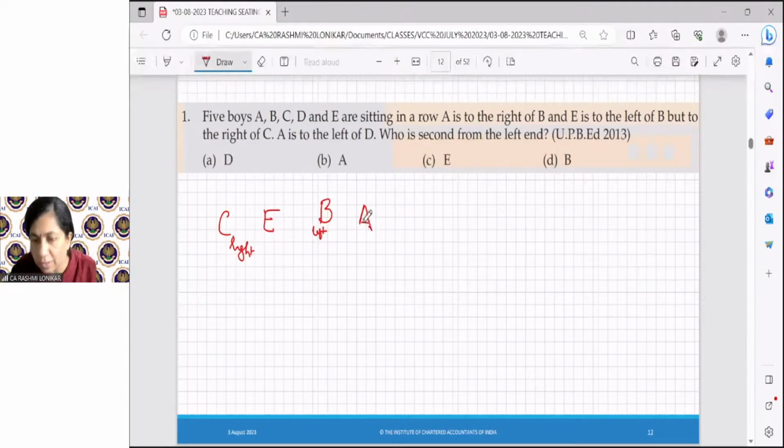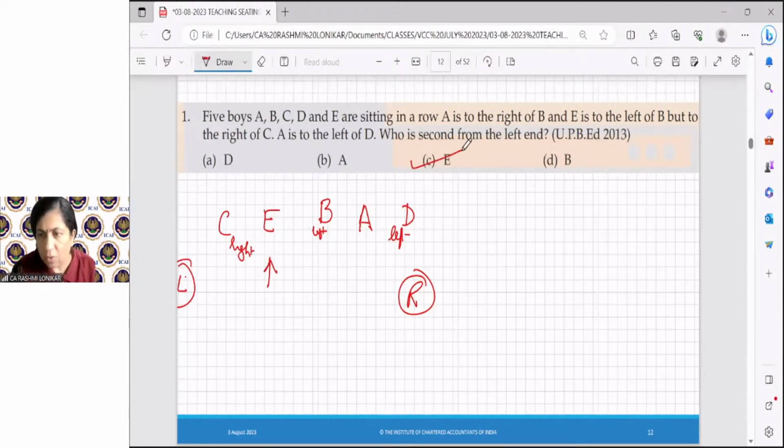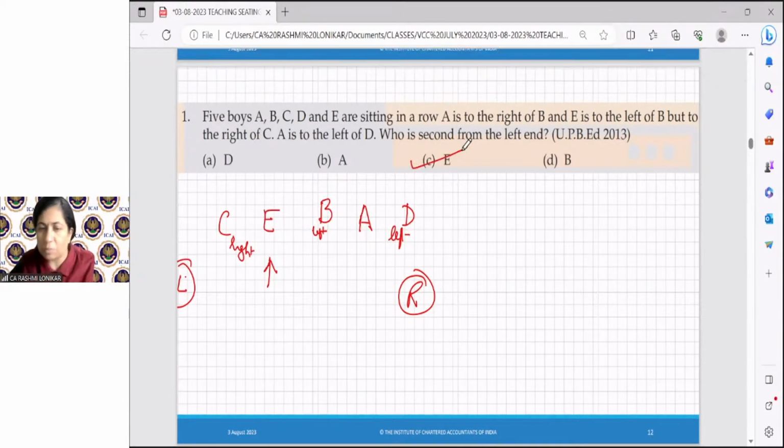A is sitting to the left of D. So this is D and his left is here. Who is the second from the left end? This is my left and this is the right. Okay, so who is sitting second from the left? 1, 2. So E is sitting second from the left end.